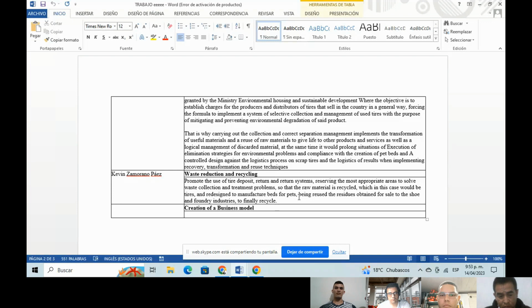It reduces the residues obtained for sale to the steel and foundry industry to finally recycle.